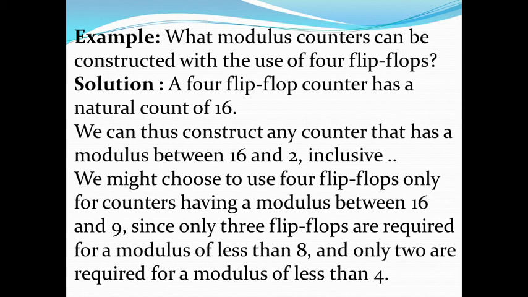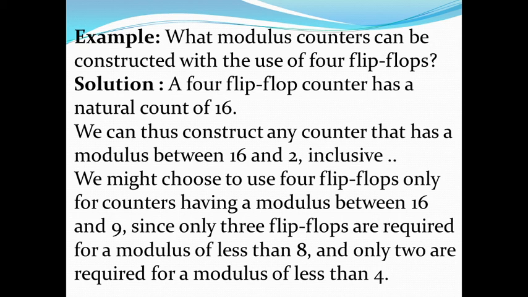But if you want to prepare a modulus of 8, 7, 6 or 5 counter, that can be prepared using only 3 flip-flops. Mode 4 and mode 3 counters can be prepared using only 2 flip-flops, and a mode 2 counter can be prepared using a single flip-flop. We can thus construct any counter that has a modulus between 16 and 2 inclusive.